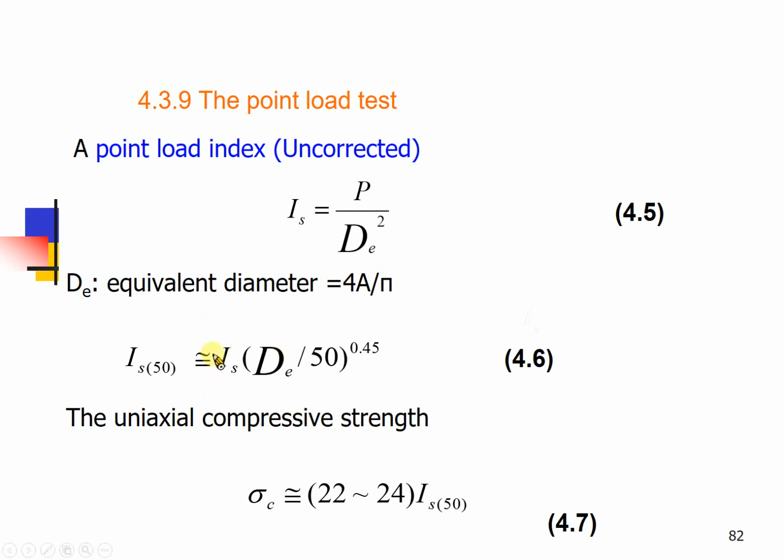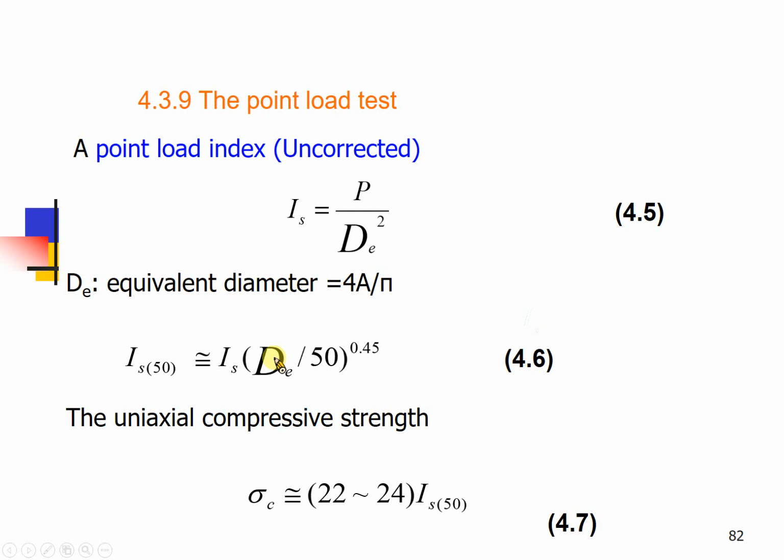I already showed you the curves. Right now here, I give you an equation. You can calculate the Is50, which has the size effect correction made using this equation. For example, if the diameter of your specimen equals 50 millimeter, then the correction factor will be 1.